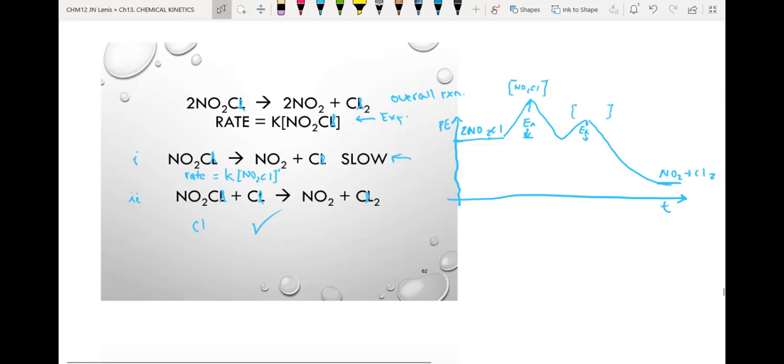You can propose, though we don't know for sure, N2Cl plus Cl. Oh, sorry, it's not plus, it's just dots that show partially broken bonds and partially formed bonds. And when you draw these potential energy diagrams, it's correct. That represents the mechanism. All right, I'm going to stop here.